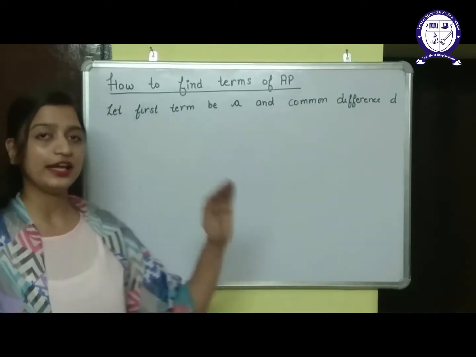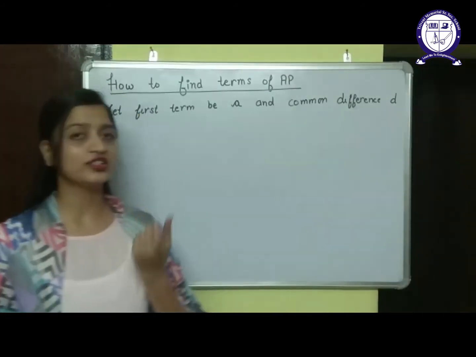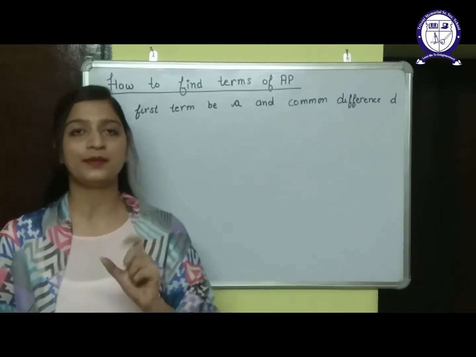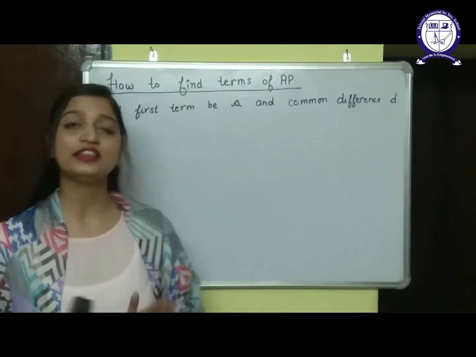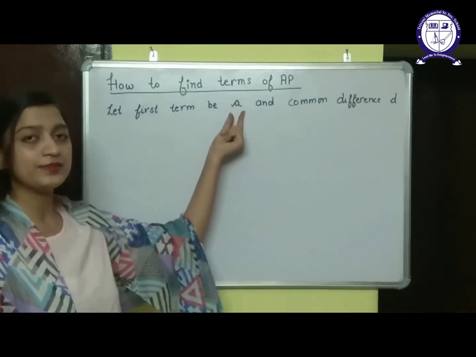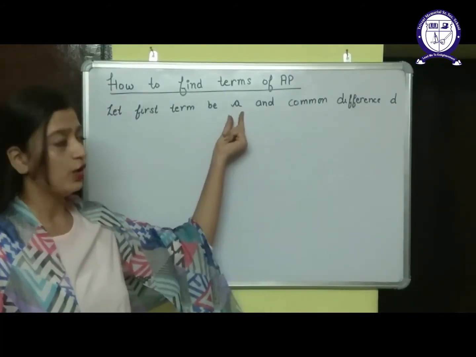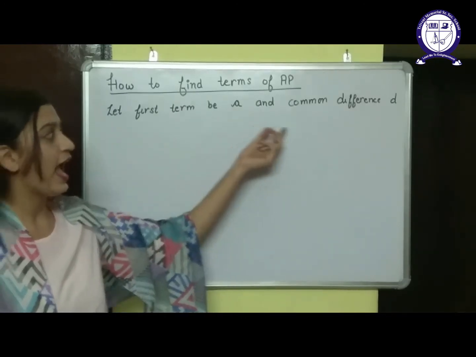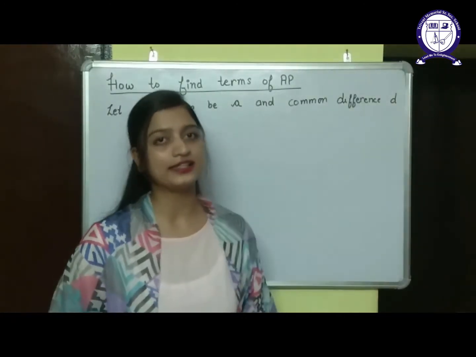AP was A1, A2, AN. So my first term for that particular AP was A1, but in the formulas related to this chapter, first term will always be taken as A. Okay, first term is A and common difference is D.